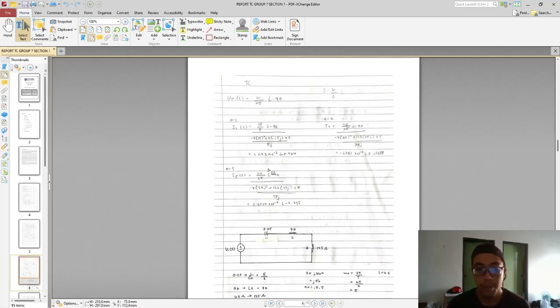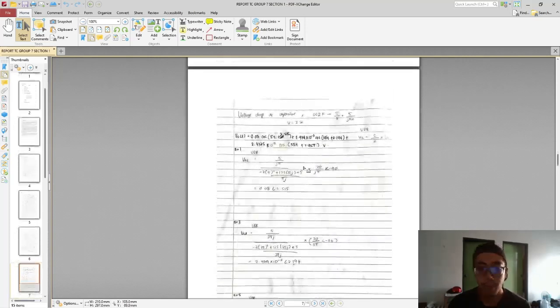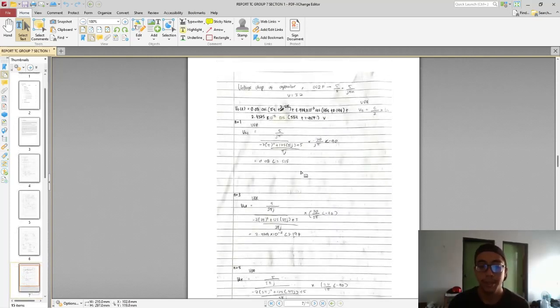The first harmonic of current is 5.09 times 10 to the power of negative 3, with the angle 0.9. For the third harmonic, we get 1.6 times 10 to the power of negative 3, with the angle 0.6. For the fifth harmonic, we get 7.65 times 10 to the power of negative 3, with the angle negative 2.75.